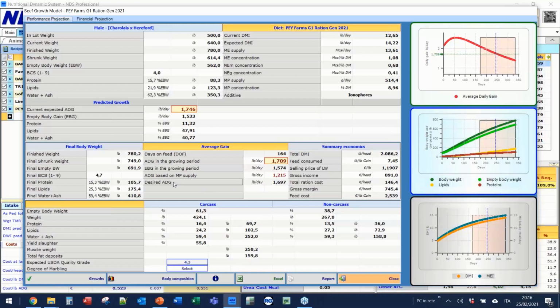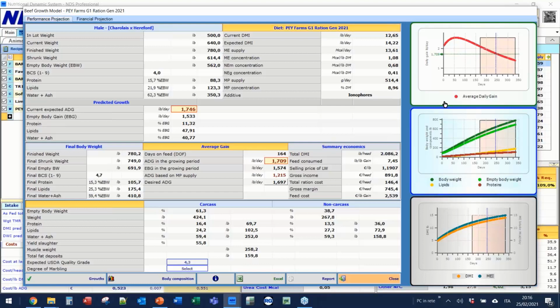And the desired or observed average daily gain is 1.7. In the bottom part of the screen, we have some evaluation related to the carcass and to the non-carcass part of the body with the weight and the composition.